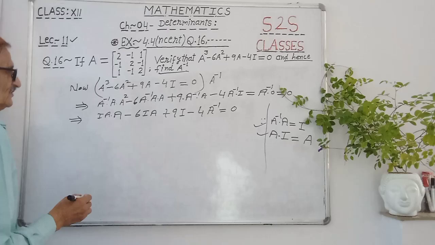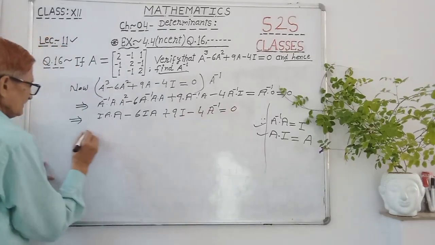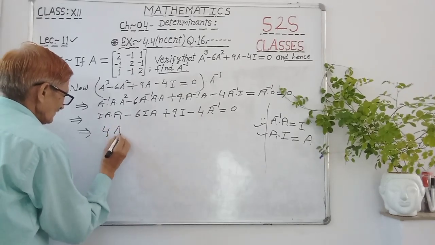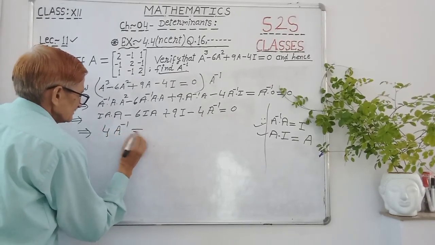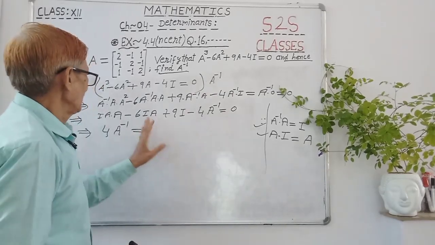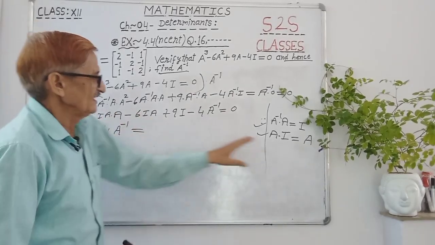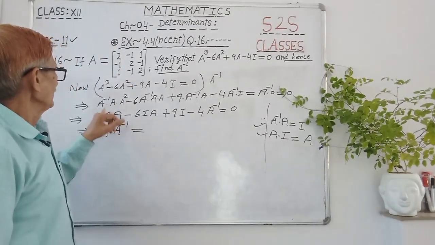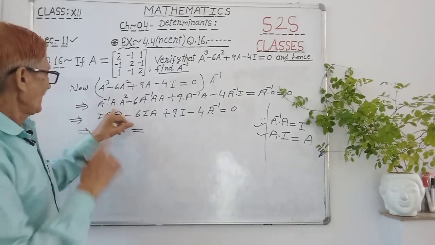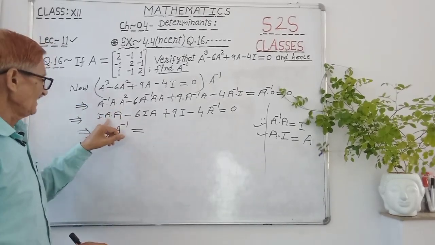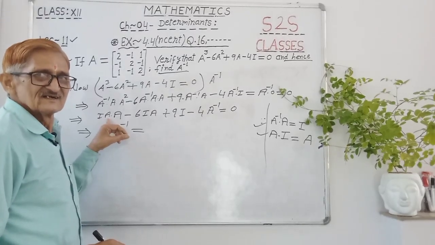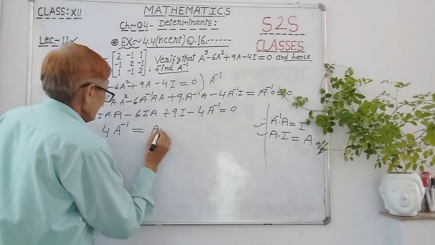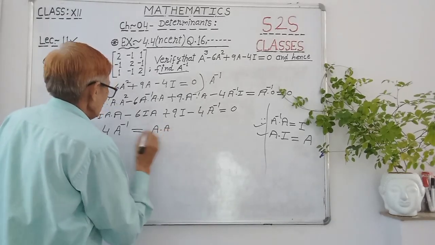Okay beta, now take this negative to that side, so we can say 4 into A inverse is equal to, the positive we took to the other side, this as it is. So I into A is A, and A into A is A square will be there.